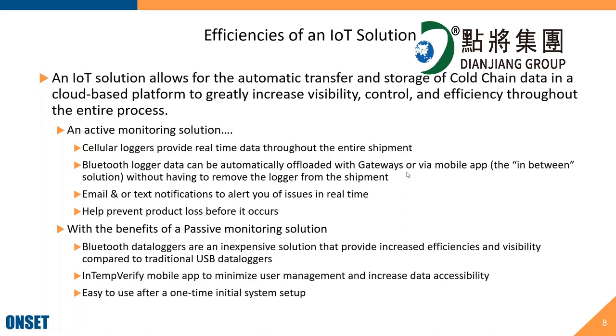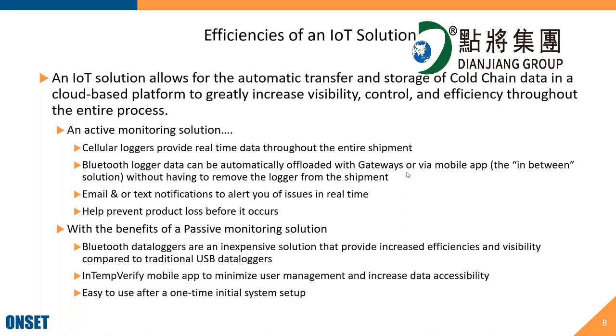You can benefit from email and text notifications to alert you of issues in real time. So again, just because you're using a cellular logger doesn't mean you have to sit in front of a monitor 24/7. You can rely on these notifications to let you know that something's happening in real time. And the notifications are for our Bluetooth loggers as well. Do a download halfway through the shipment, you might see that there was an alarm right then and there.